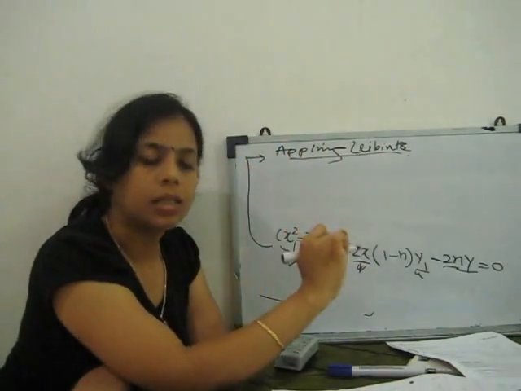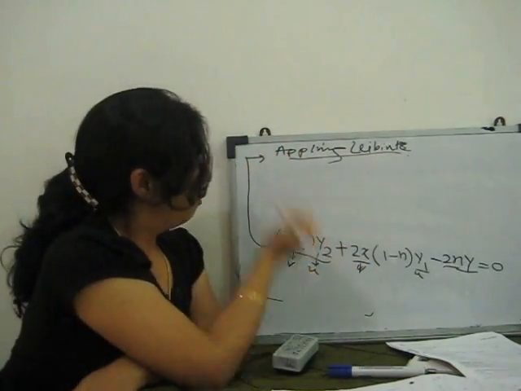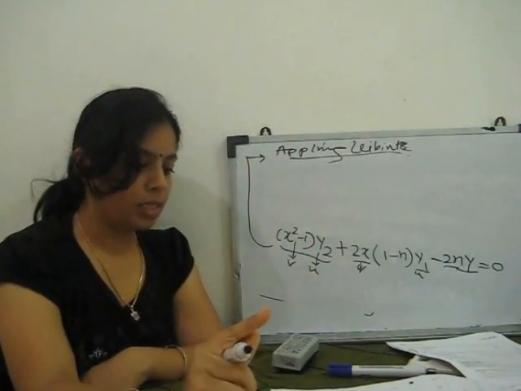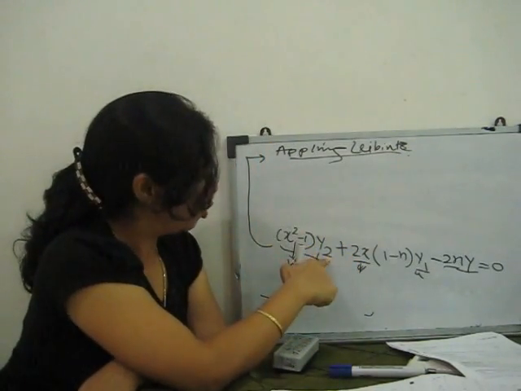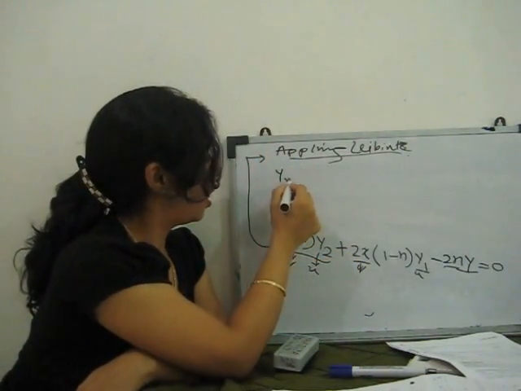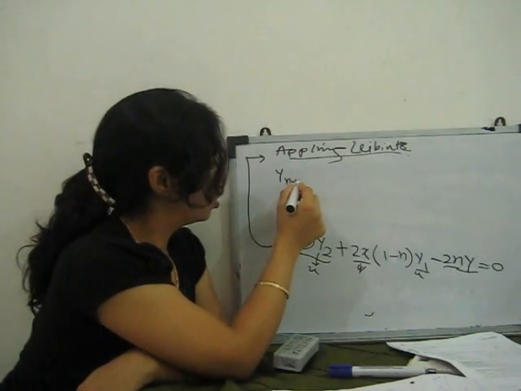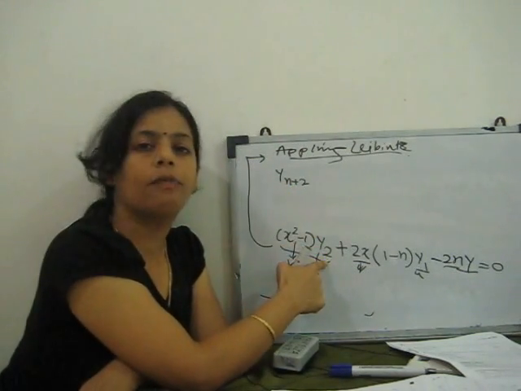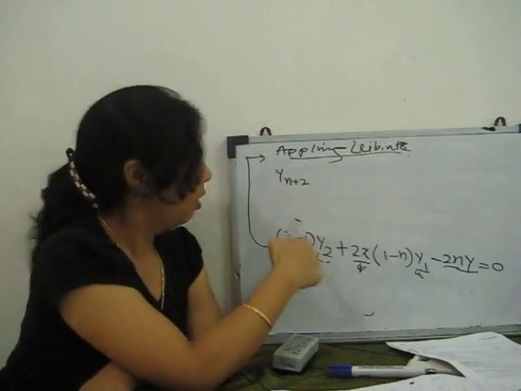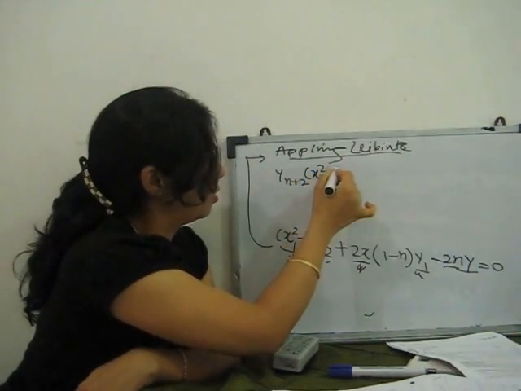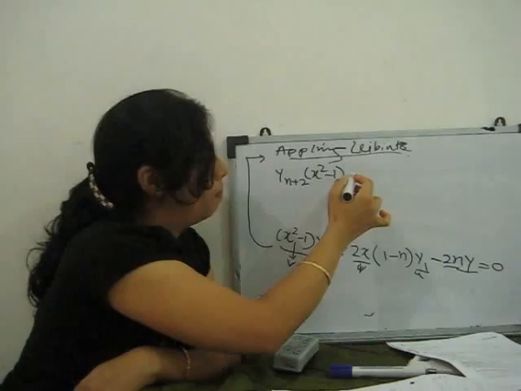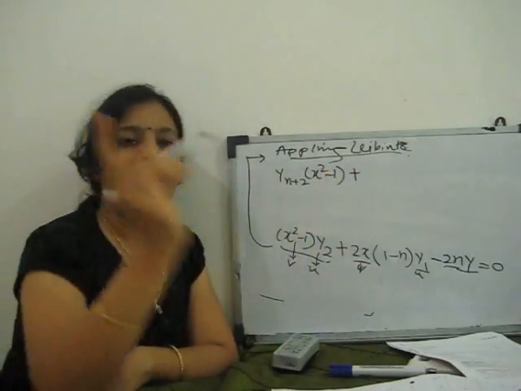So when we apply the Leibniz, first the nth derivative. So what is our un? Un means y n plus 2, the nth derivative of y2. V is x square minus 1, plus n.